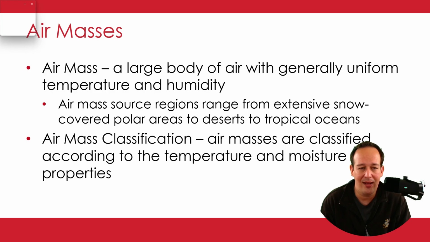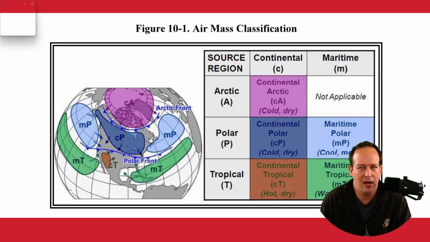The way that we classify air masses is according to their temperature and moisture properties. I'll come back to this classification, but here on top, we have the continental Arctic air mass, maritime polar air masses, continental polar, and so on.